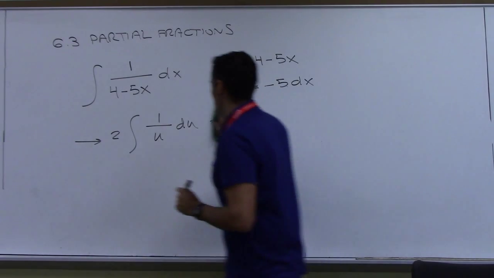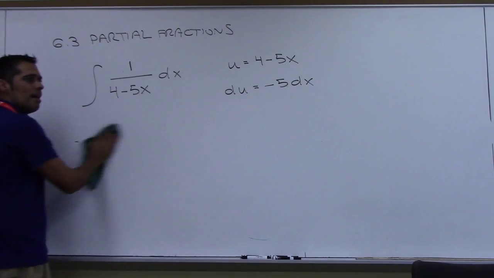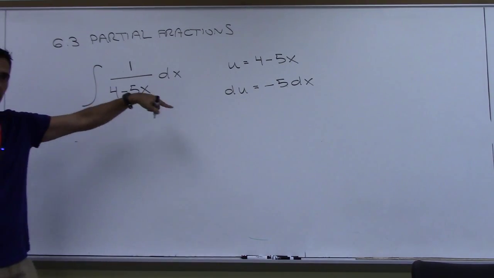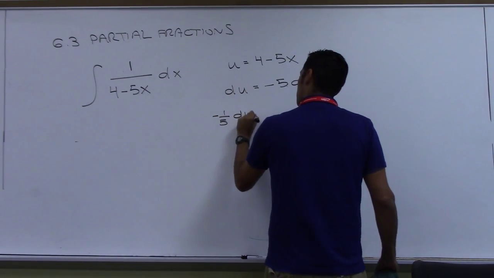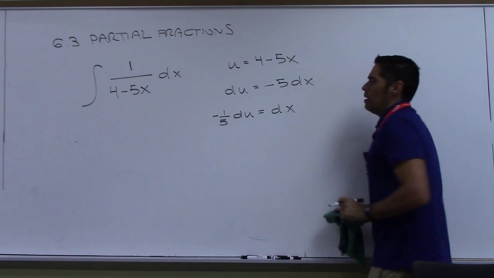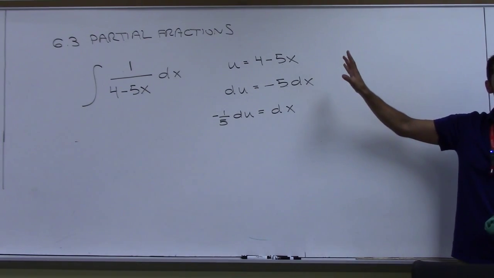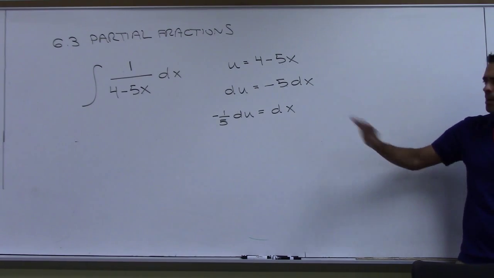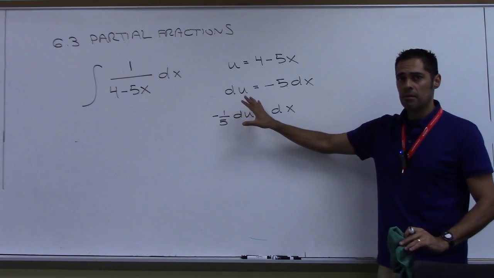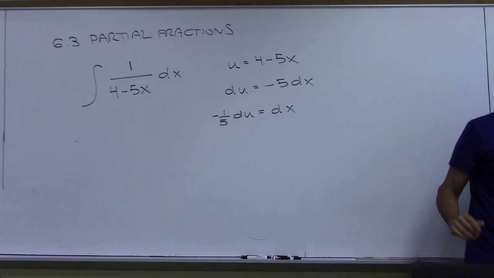So we would have to tweak that, right? Scale out the negative 5 by doing negative 1/5 on both sides. And then you'd plug back in, right? Wouldn't this be another natural log? Yes? Okay, so I'm not going to continue it. We okay with that? All right, let's look at the next one.